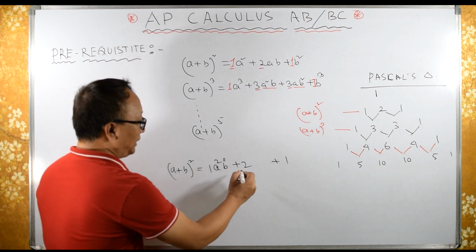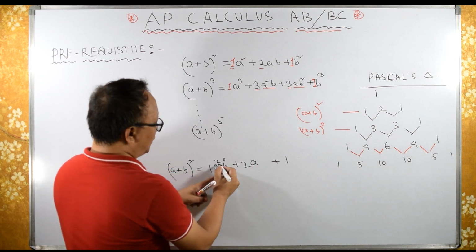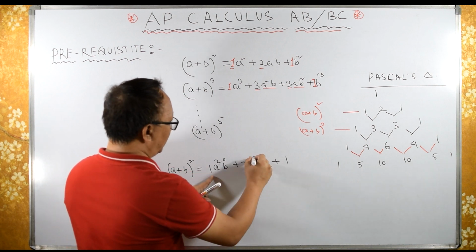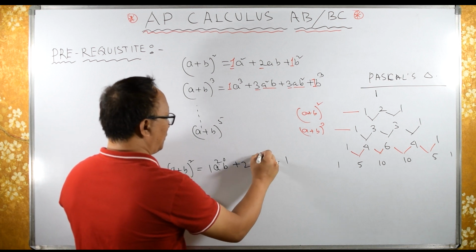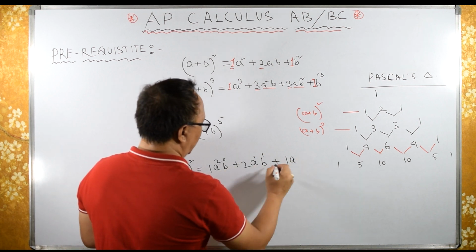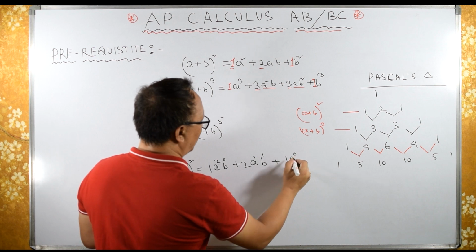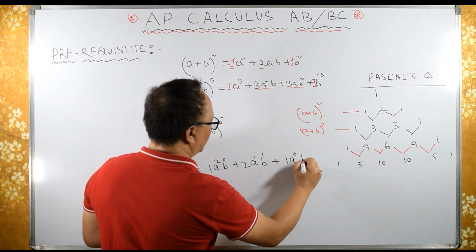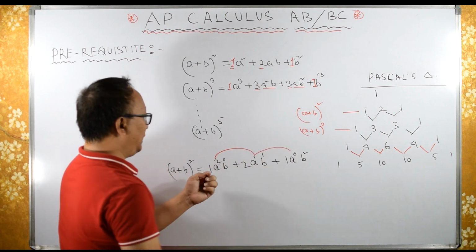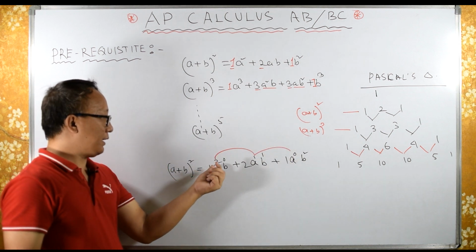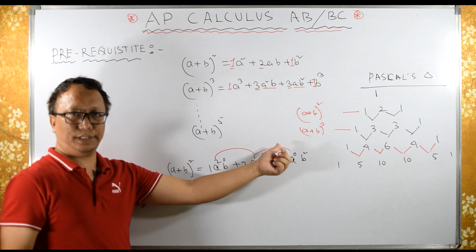Okay. Similarly, a here is 2, you reduce by 1, 1. Okay, 2 minus 1 is 1, and you increase b by 1. Similarly, a goes 2, 1, 0, and b goes 0, 1, 2. Over here, you look at over here. Okay, a keeps the highest power and keeps decreasing.